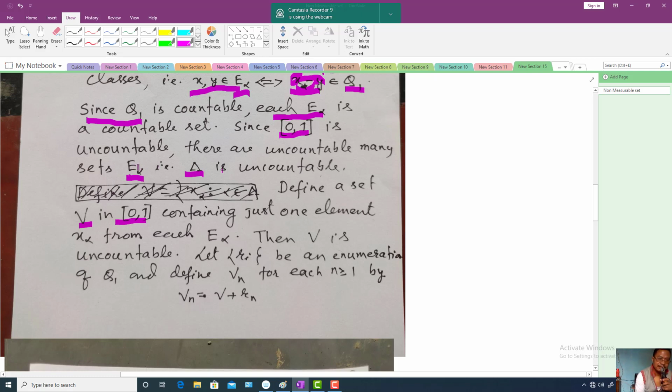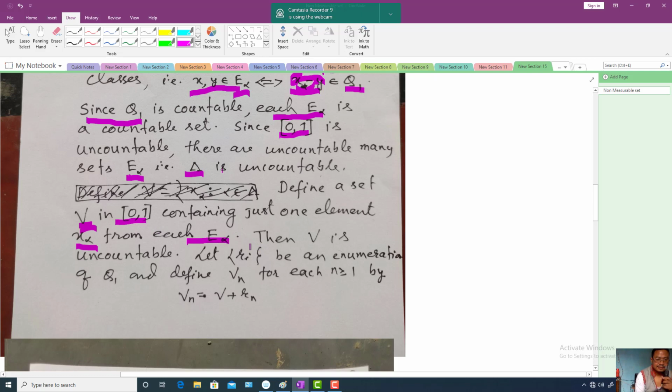From so many E alphas, you take just one point each, and then form the new set V. So V contains just one element x alpha from each E alpha. You take one point from each E alpha and form a set, let us call it V, and it is a subset of the 0 1 closed interval.